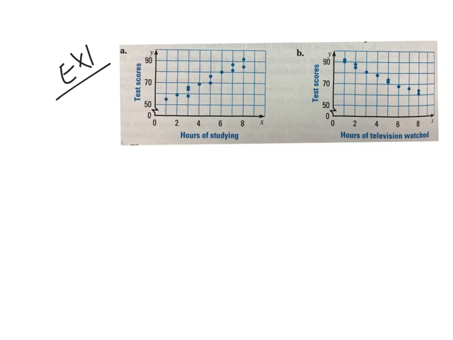So looking at A, if you were to look at this grouping of data points, what slope do you have here? Positive. It's a positive slope. So when they ask you to describe the correlation, you're going to look at whether it's positive or negative, and then you're going to talk about the labels.